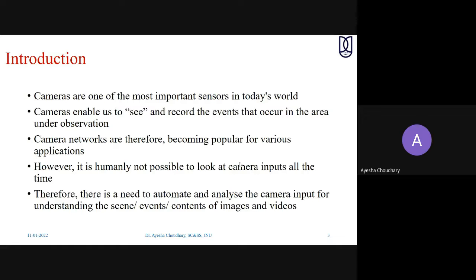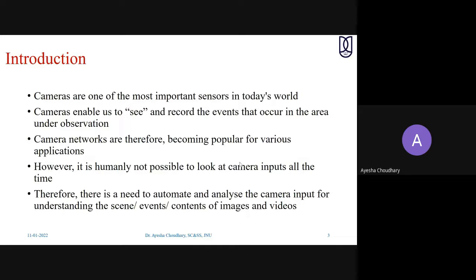So cameras are important, and now camera networks are becoming more and more popular because a camera has a limited view. We'll discuss this as we go. Now, in a camera network, you cannot look at all the cameras. If you see the security rooms in many buildings, they have a huge array of displays, where each display shows the view from one camera, and it is not really possible for somebody to sit and watch all of this video continuously and keep track of what is happening.